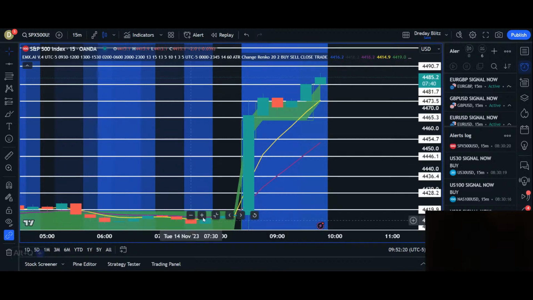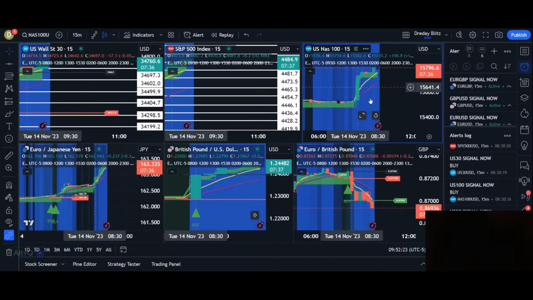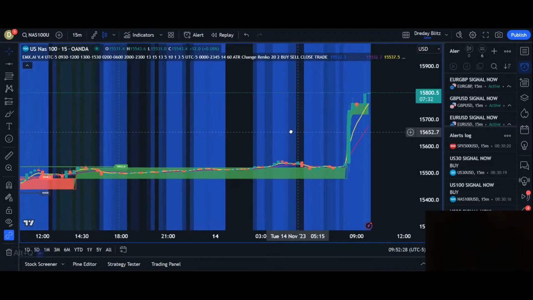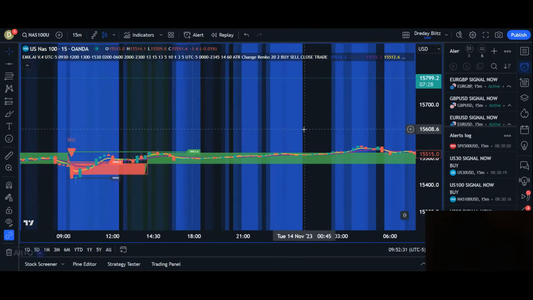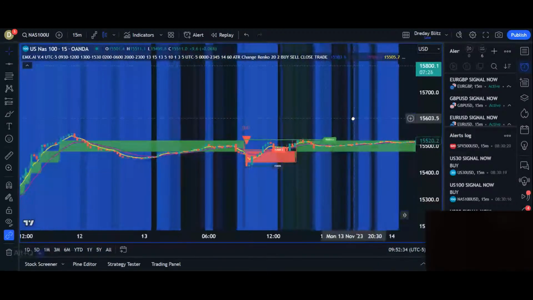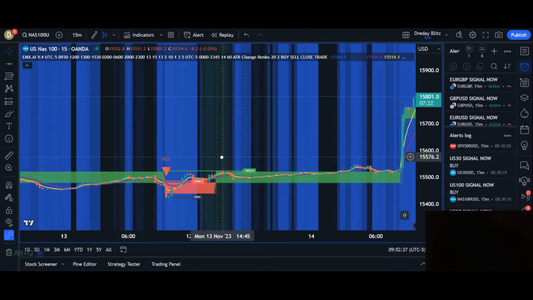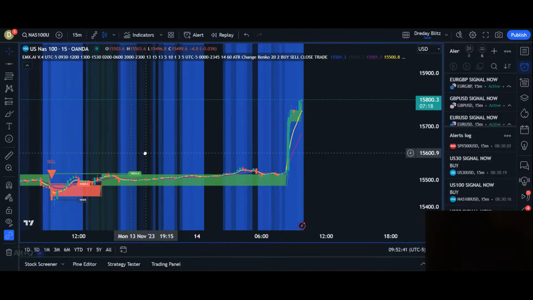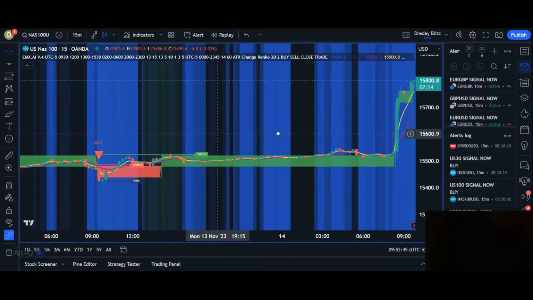Great. So let's go back and look at NASDAQ. NASDAQ is the same thing. I'm not going to put any lines here, but you get the point.